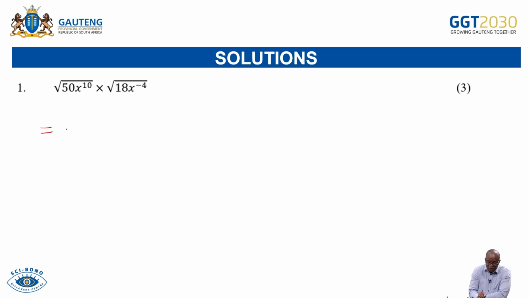The first thing that you do is to separate. Remember, we also know the law of surds, where it says if I have 2 numbers or variables that are multiplying each other inside the square root, I can share those numbers or variables like that. So that is the basic method that you are going to apply here.